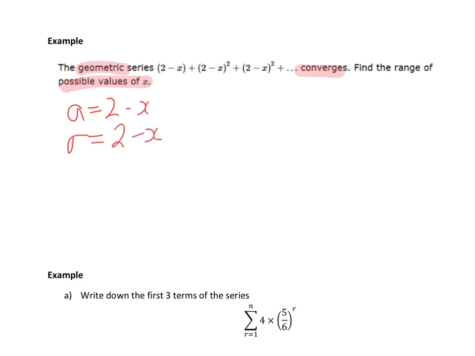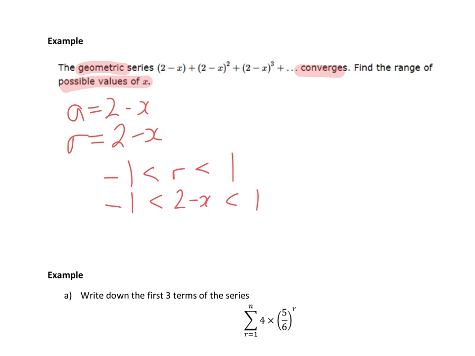Now, since it converges, I know that the ratio has to be between minus 1 and 1. So I've got 2 minus x is between minus 1 and 1. I'm just going to solve that.